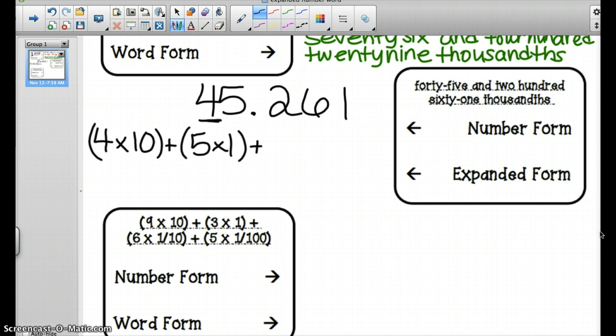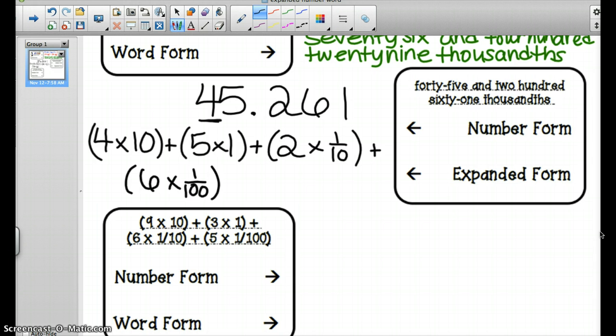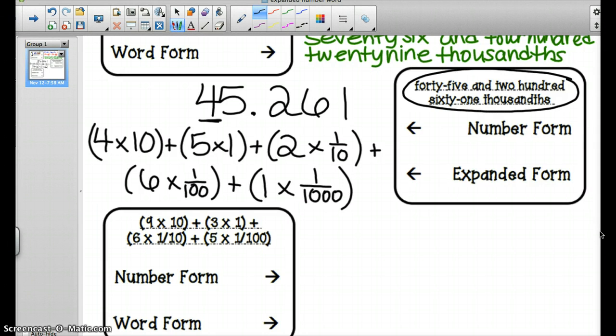What comes next, Sage? 2 times 1/10. Excellent. What comes next, Jaden? 6 times 1/100. Great job. And lastly, what do we get, Emma? 1 times 1/1,000. Perfect. Okay, so in this case, they gave it to us as words, and we translated it to numbers in expanded form.